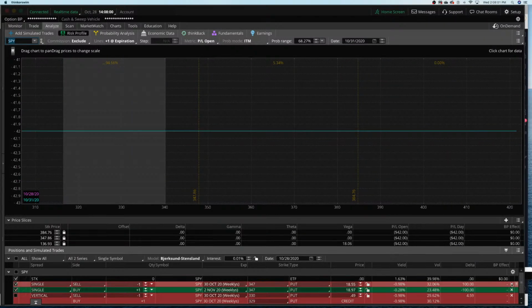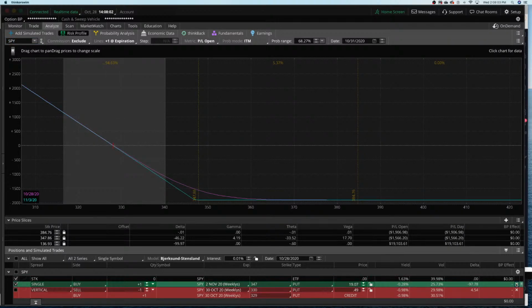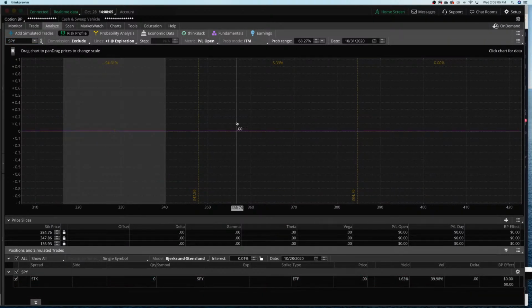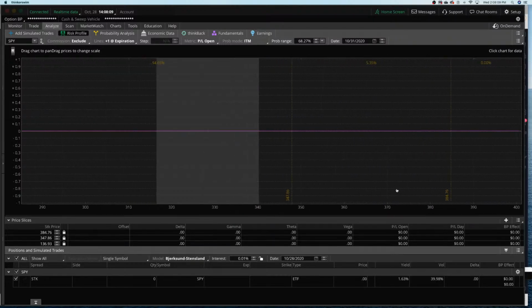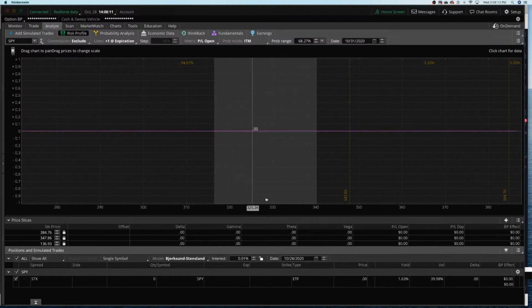All right, let's get rid of all these things. SPY is currently right here at about 328. Let's take a look at a chart of SPY.